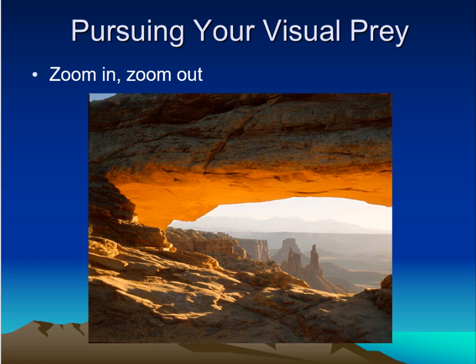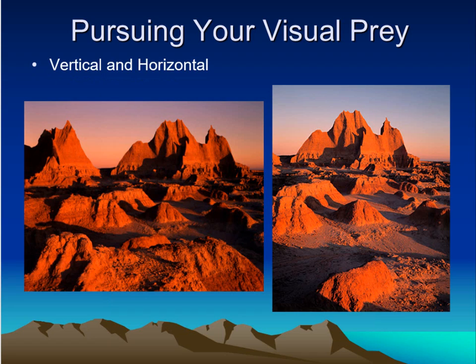But it's worth going and trying to get. I'll tell you what you can do to not have any people there: go during a major snowstorm and then wait for the snowstorm to break, and you'll be there probably by yourself, and it'll be magical. I also always try to shoot horizontals and verticals because you just never know how it might be used.